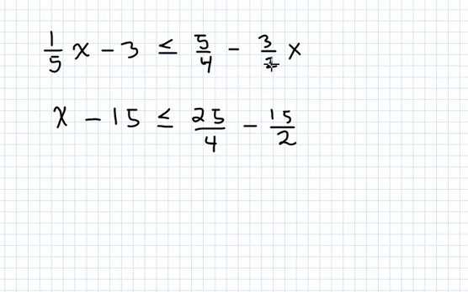Alright, let me go through now and multiply through by 4 to each one of these terms, and that'll get rid of this 2 here. While I'm doing that, 4 times x is 4x minus 4 times 15 is going to be 60, and of course 4 times 25/4 is just 25.